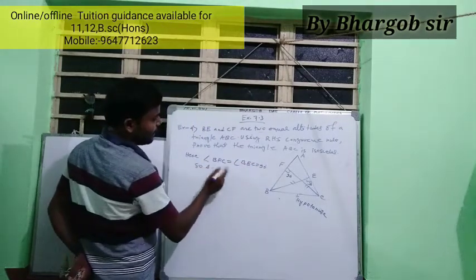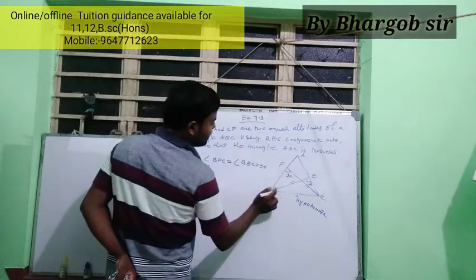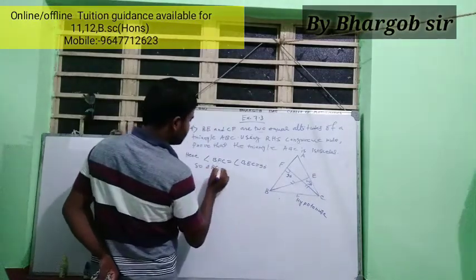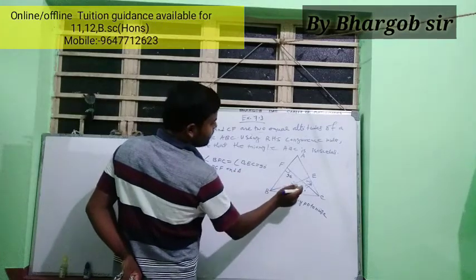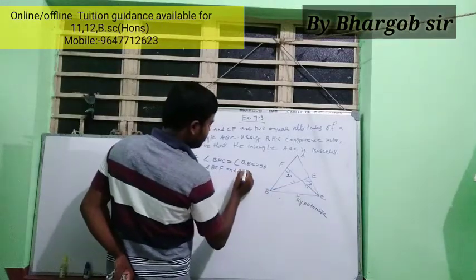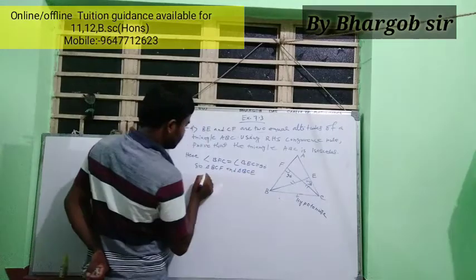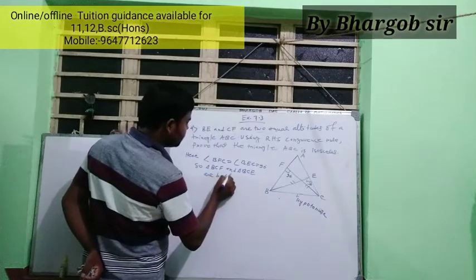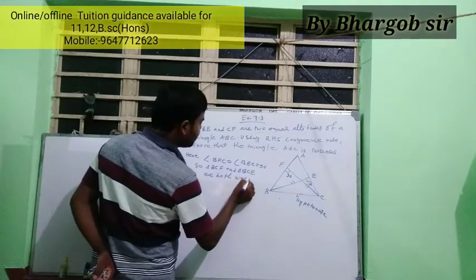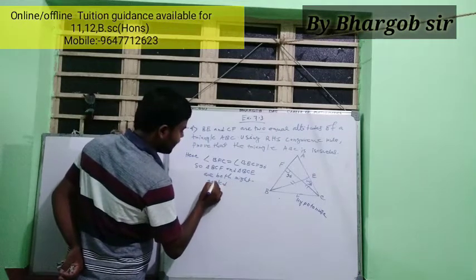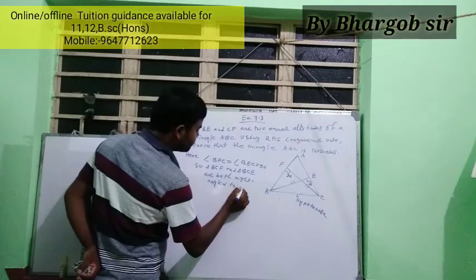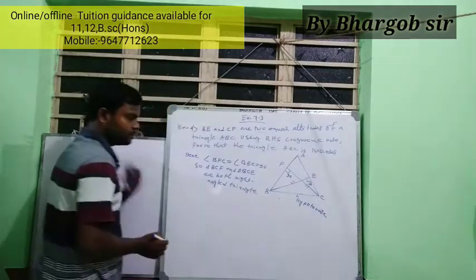So triangle BCF and triangle BCE are both right angle triangles.